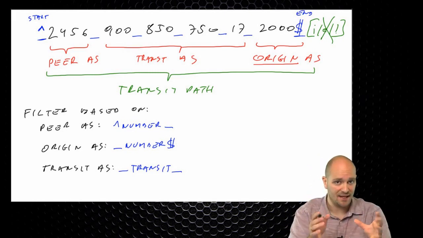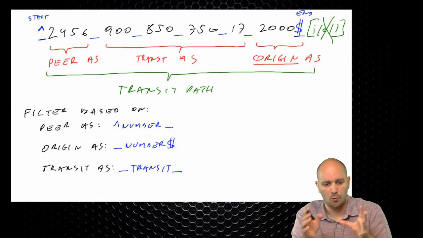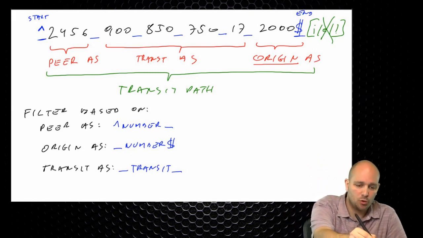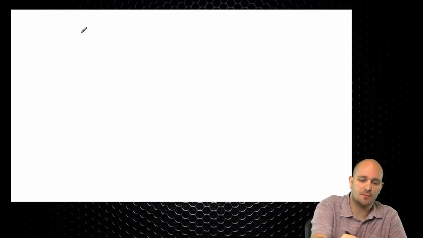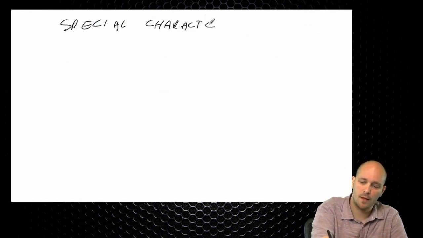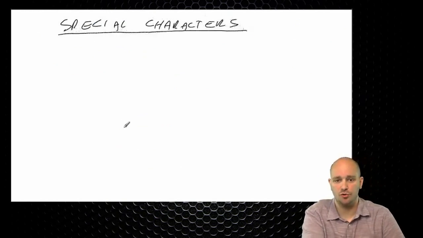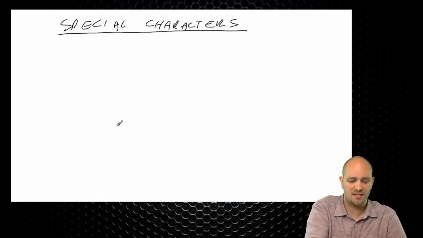Now, that said, regular expressions can be a lot more complicated. To understand some of the complexity, and I'm not going to go very, very deep here, there are some special characters in regular expressions that can be used to create very special, very powerful regular expressions.